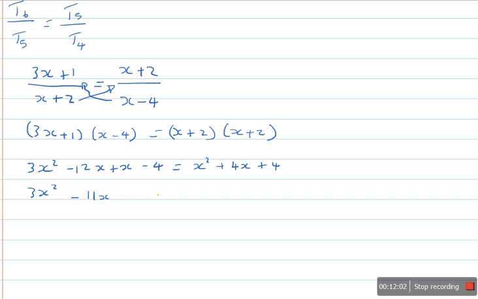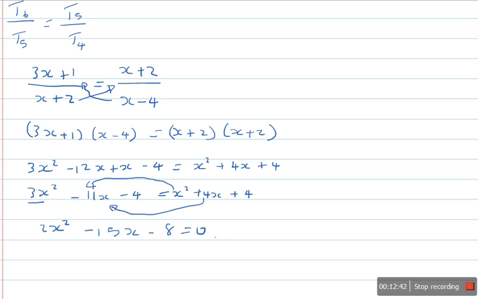On the other side we have x squared plus 4x plus 4. Let's transpose to the other side: we're going to get 2x squared, then minus 15x, and then minus 8 equal to 0.